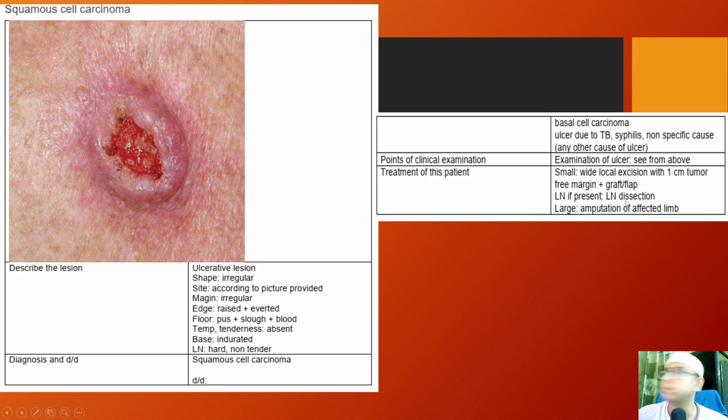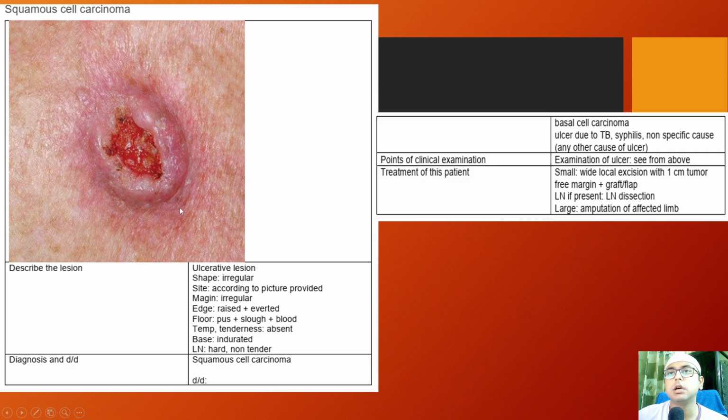So treatment should be wide local excision with a 1 centimeter tumor-free margin. If it is huge, in that case a flap; if it is smaller, in that case a graft or flap can be given if the ulcer area is more enlarged.